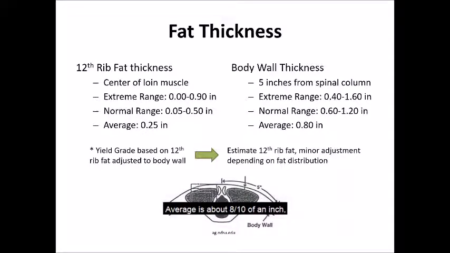Average is about 8/10 of an inch, and a lamb that has more body wall thickness than its back fat thickness might indicate would have its back fat thickness adjusted upward to reflect more accurately the total fat on the body. A little bit of a complicated concept, but it all comes down to subcutaneous or surface fat thickness, which is a highly statistically significant indicator of the percentage of boneless, closely trimmed retail cuts that come from a carcass.